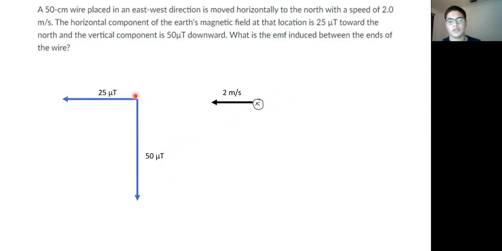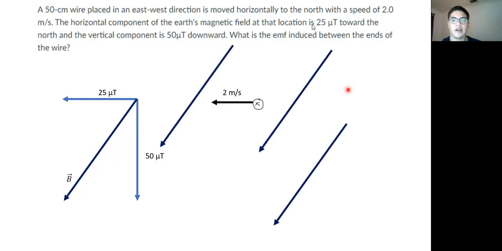So this would give us a resultant magnetic field. And from here, we could already tell that this is what the actual magnetic field would look like in this situation.